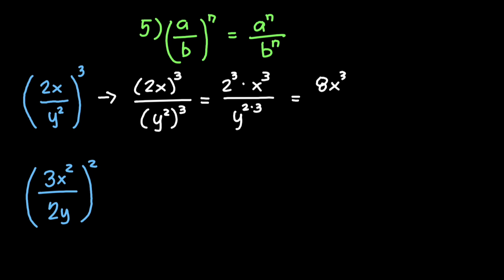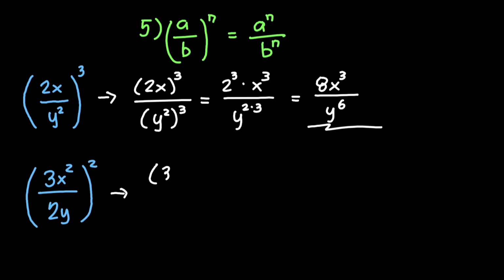Multiply this by x cubed over 2 times 3 would be 6. 3x squared over 2y all raised to the power of 2.